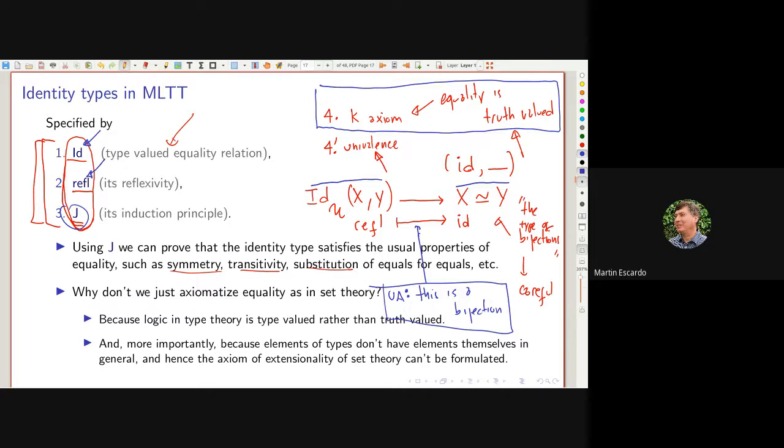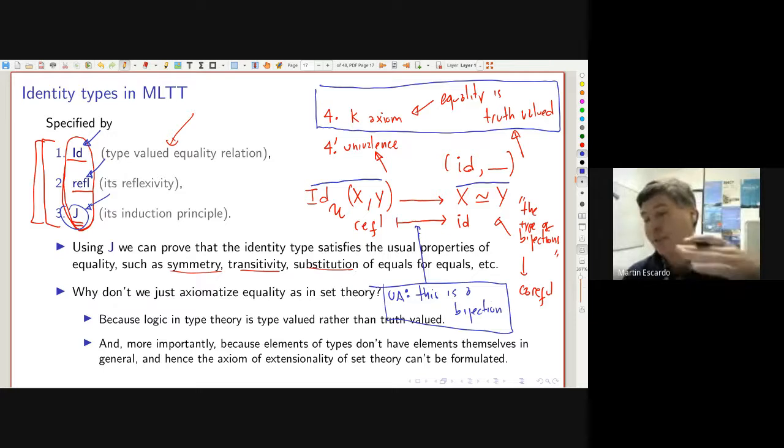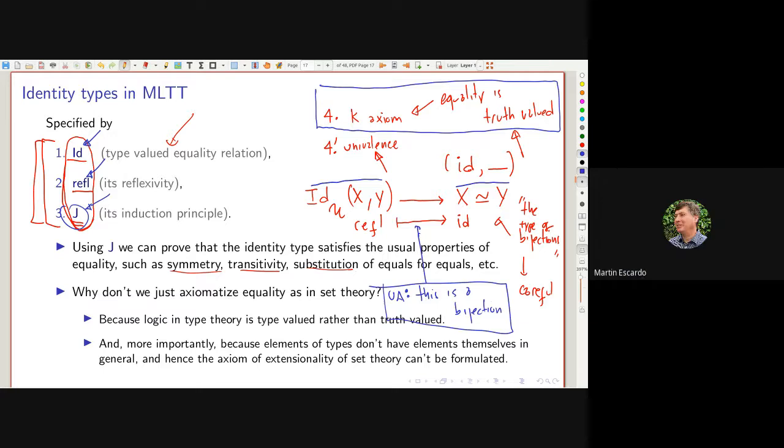And then you define elimination rules, which sometimes are called induction principles. This always follows the same pattern for the natural numbers, for sigma, for all the types: you have a type former, and introduction and elimination rules. I don't know whether you're referring to this, but this follows this pattern of Martin-Löf type theory.